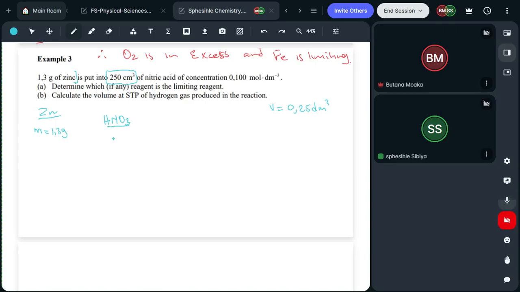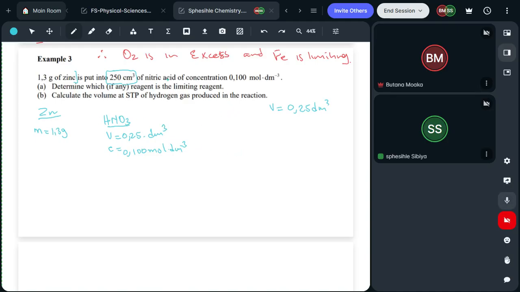This is nitric acid, which has a volume of, we converted the volume, 0.25. And then we are given the concentration here. The concentration is 0.100 mole per decimeter cube.